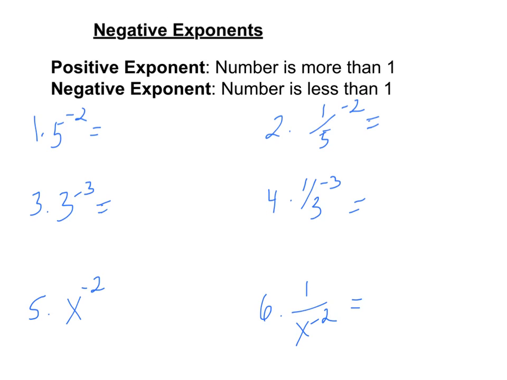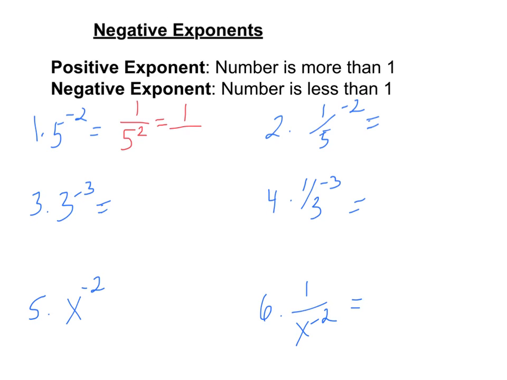You have 5 to the negative second power. So to do that, we will take 1 divided by, that's the definition of a negative exponent. It says, just take 1 divided by the same base, but instead of writing a negative 2 in the exponent, write positive 2.